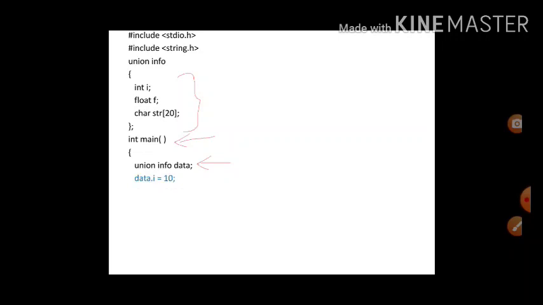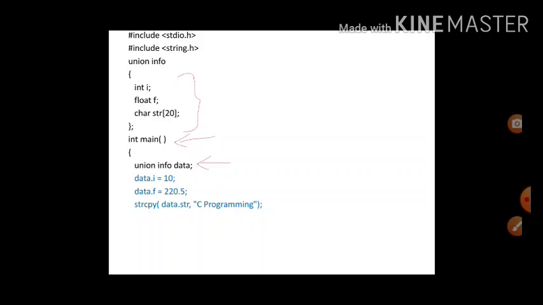Suppose we are writing like this: data.i is 10, data.f is 220.5, strcpy data.str comma "C programming". That means initializing all the three variables one after another. First i is initialized to 10, immediately floating point value f is initialized to 220.5, and then, as the last thing, the string is initialized to C programming.